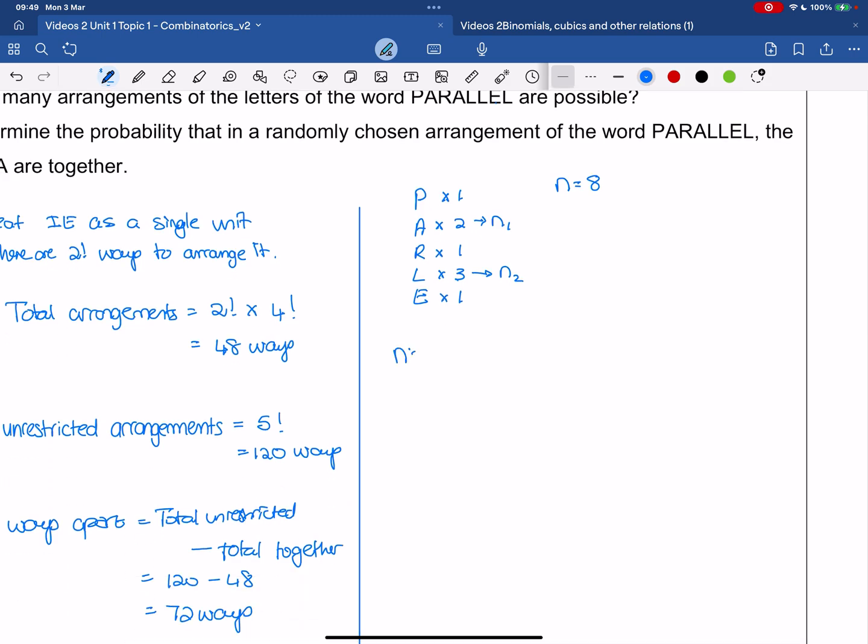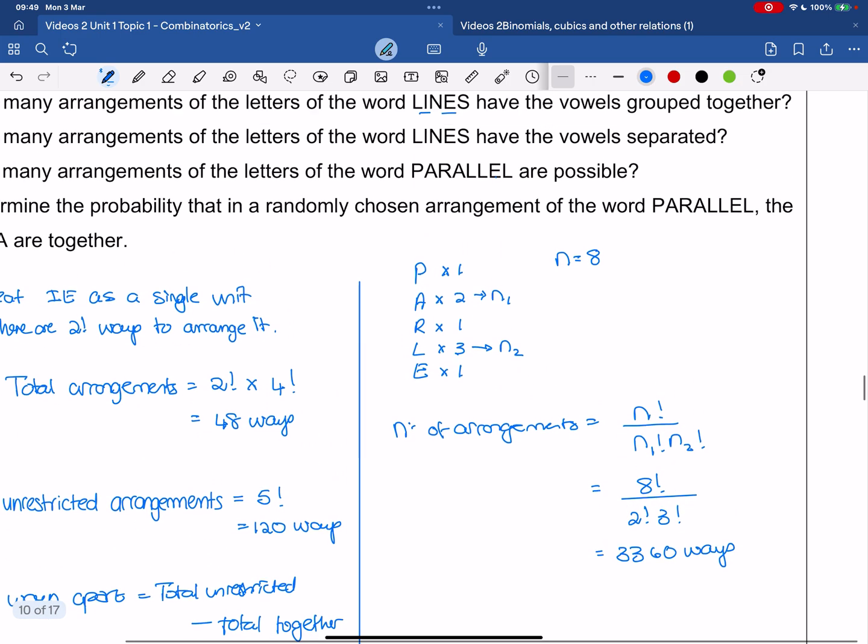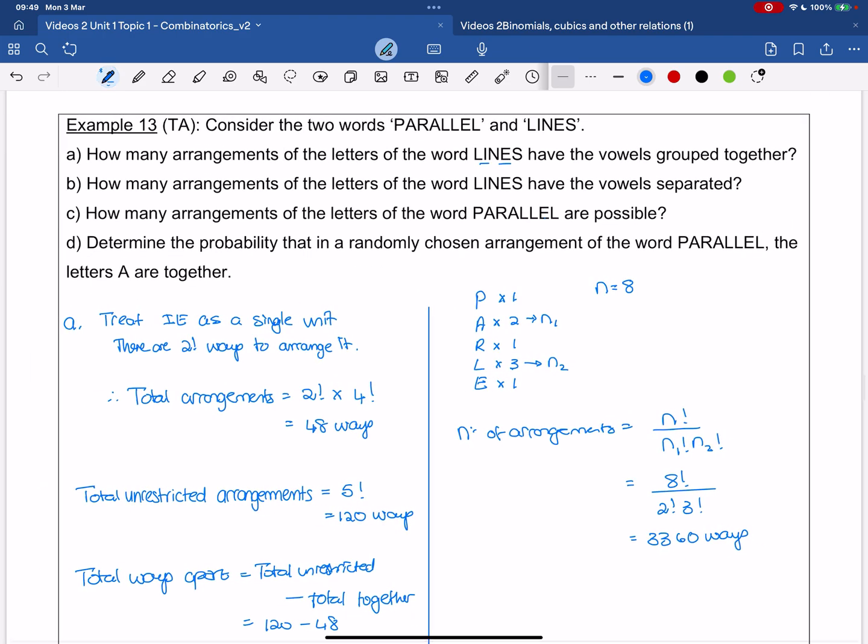So my number of arrangements, and remember, it's going to be n factorial over n1 factorial, n2 factorial, so that's going to be 8 factorial over 2 factorial, 3 factorial, and that's going to be 3,360 ways.